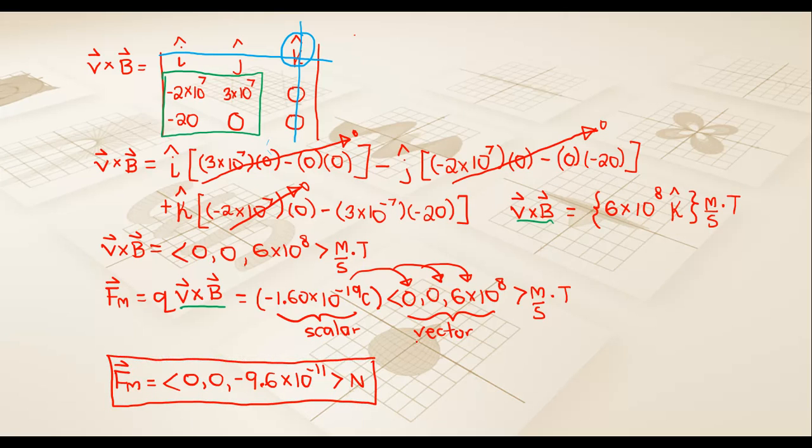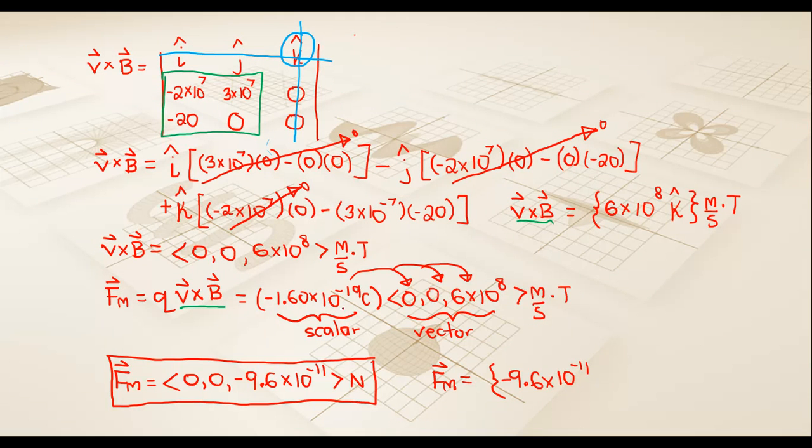And then as Cartesian vector notation, it would just look like negative 9.6 times 10 to the negative 11 times the special unit vector k, and the units would be newtons.